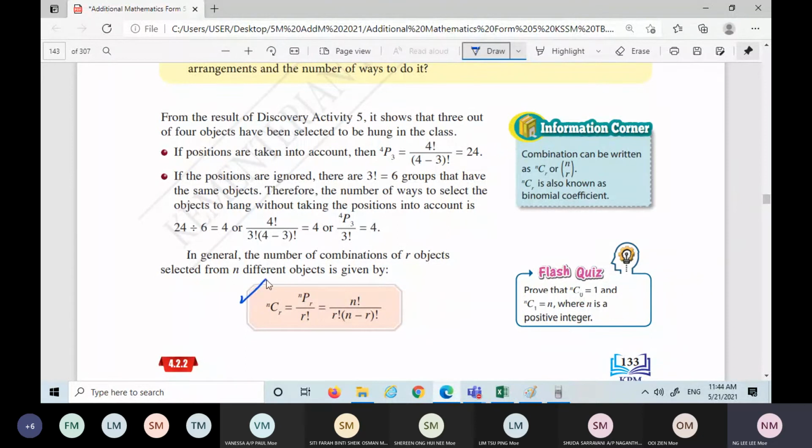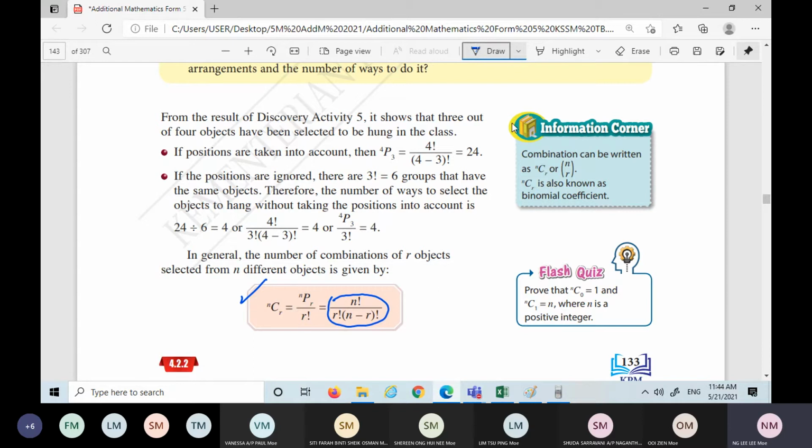You copy this as your notes: nCr is equal to nPr over r factorial, and nPr itself is n factorial over n minus r factorial. So nCr is n factorial over n minus r factorial, then with the r factorial. You have to remember this, same as nPr. Sometimes they will use nCr and ask you to do it in unknowns. So you've got to remember this.